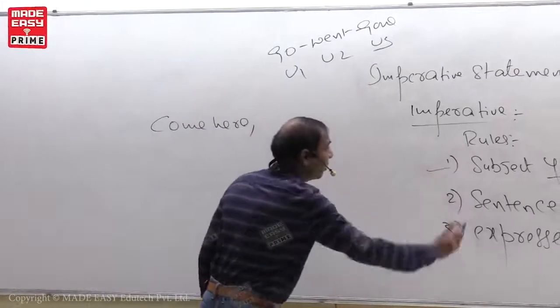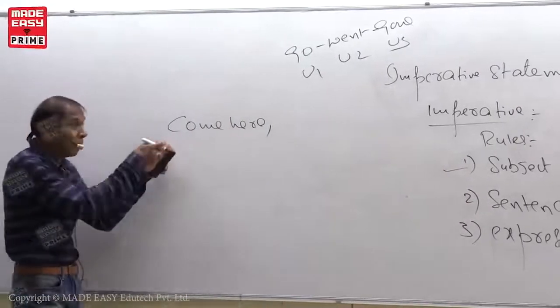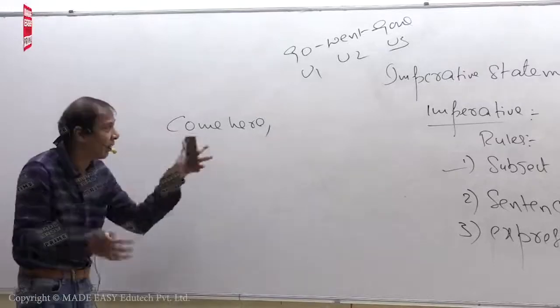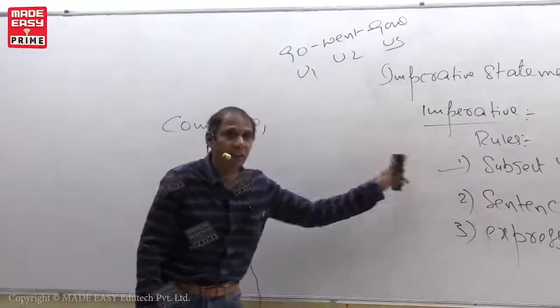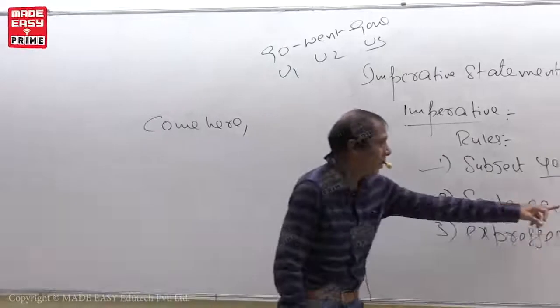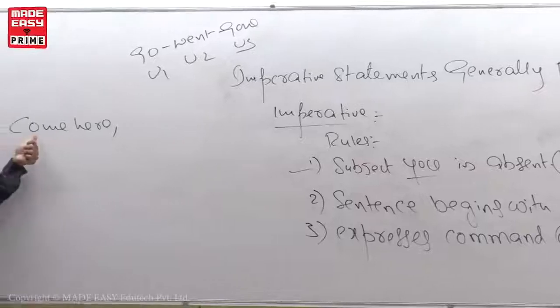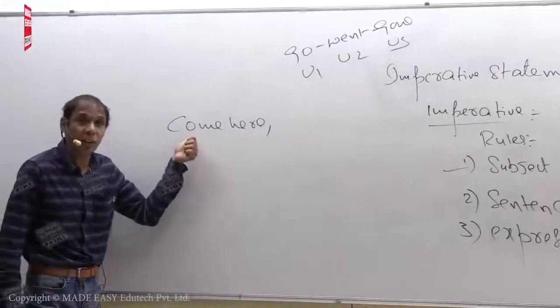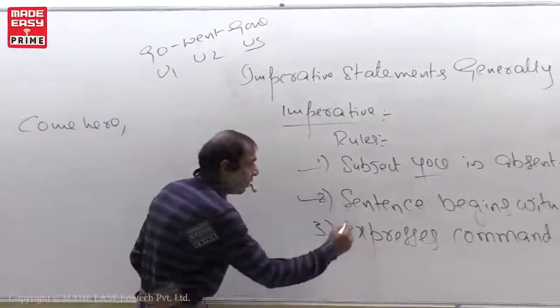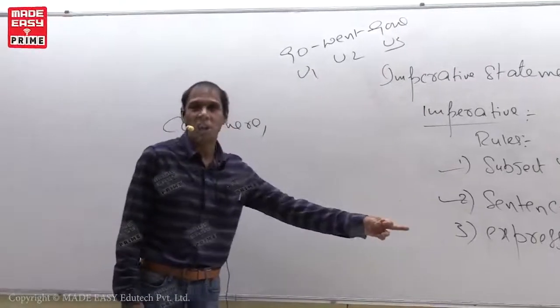Rule number one is satisfied. See, come here. There is no you here, but the meaning is already implied in it. Rule number two, sentence begins with V1. Come, came, come. Sentence is with V1. Rule number two is satisfied. Expresses command or request.